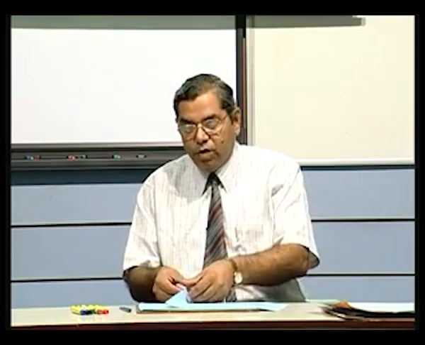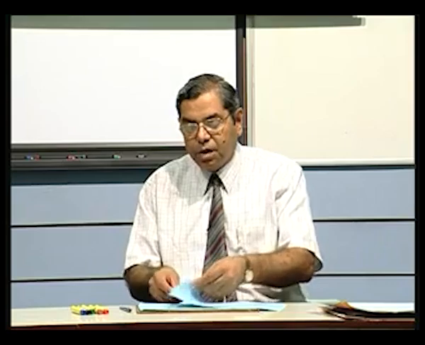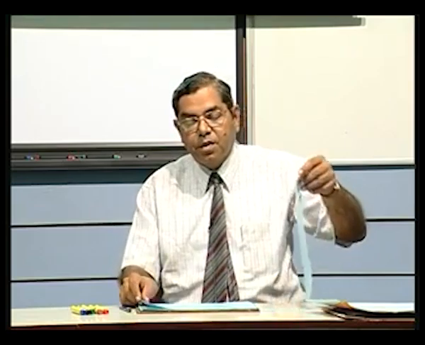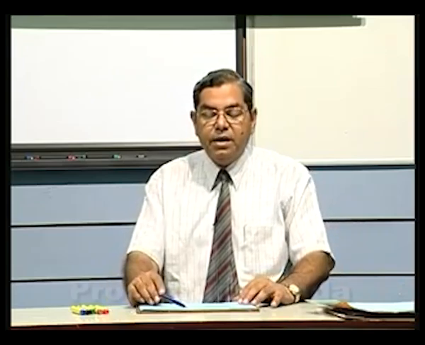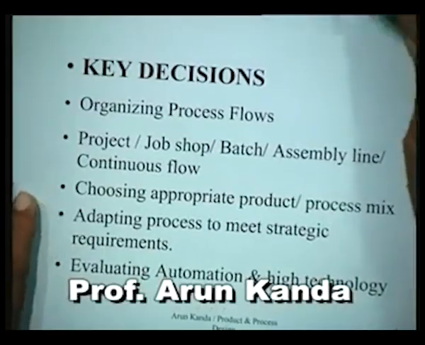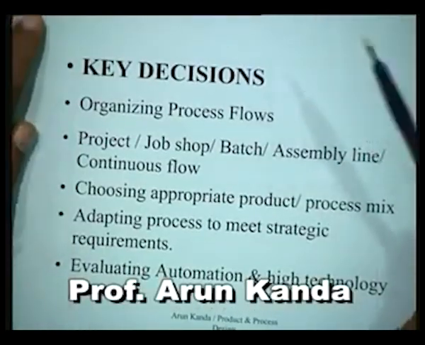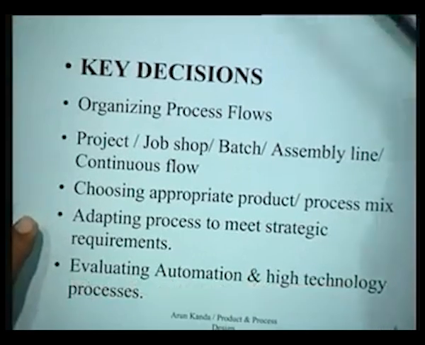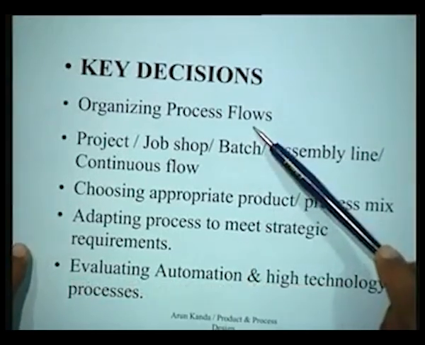But let us now try to see what would happen to the processes when one comes to talking about process technology. The key decisions in selecting an appropriate process are: we can talk about organizing process flows. This is very important.